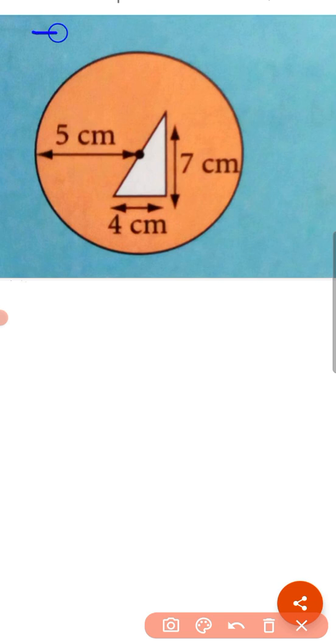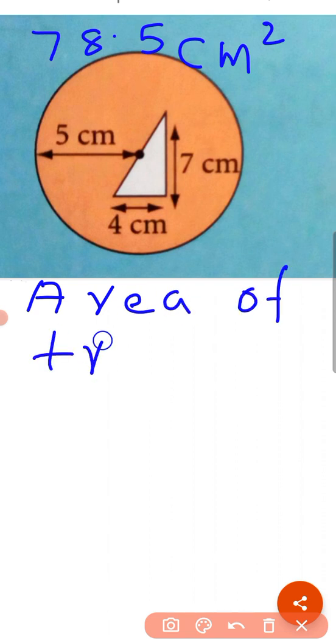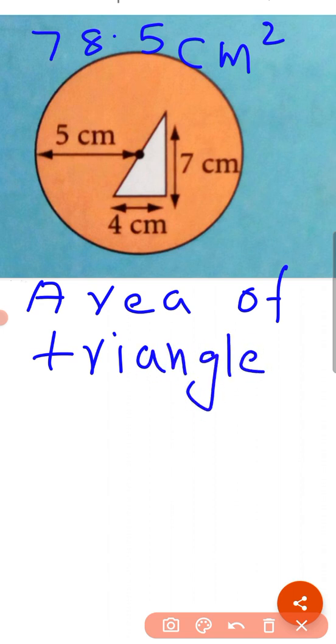Area of the circle is 78.5 centimeter square. Next, we have to find the area of the triangle. Area of triangle is equal to half BH.